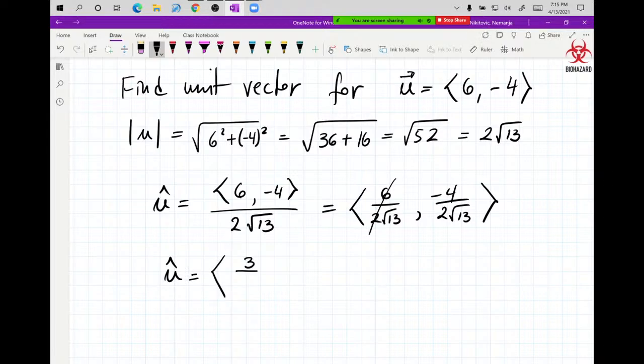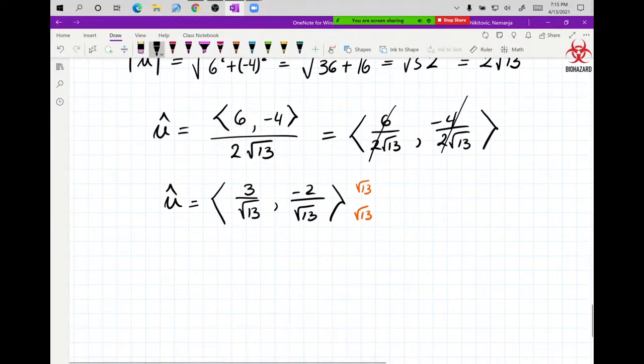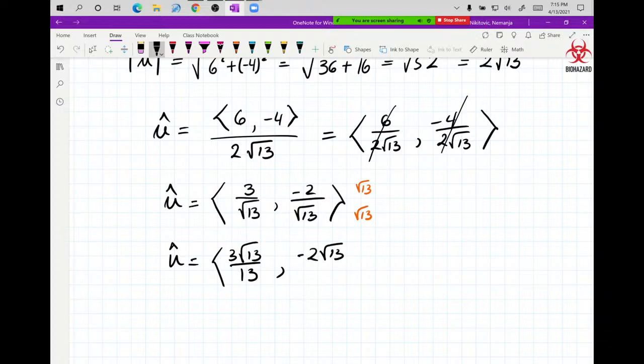That's 3 over root 13 and -2 over root 13. Now we just need to multiply by root 13 because we need to get rid of those in the denominator. So the unit vector is 3 root 13 over 13 and -2 root 13 over 13.